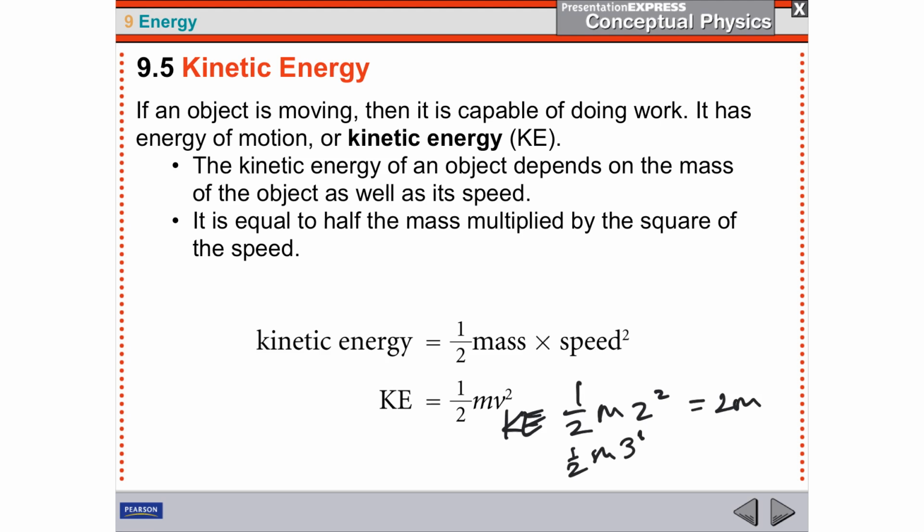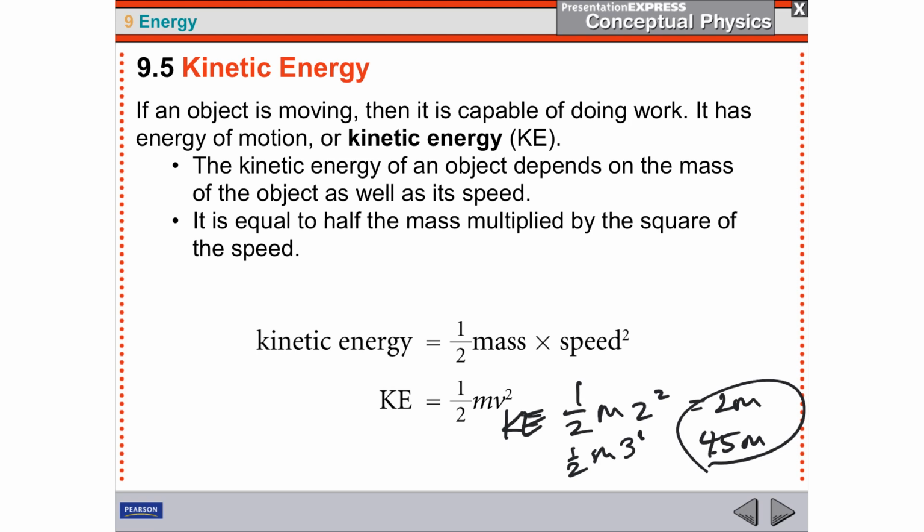That would be 1/2 of 9m, which is 4.5m. So you can see by going up from 2 to 3, you've actually increased its energy more than twice. Going up 1 meter per second makes its energy more than twice.